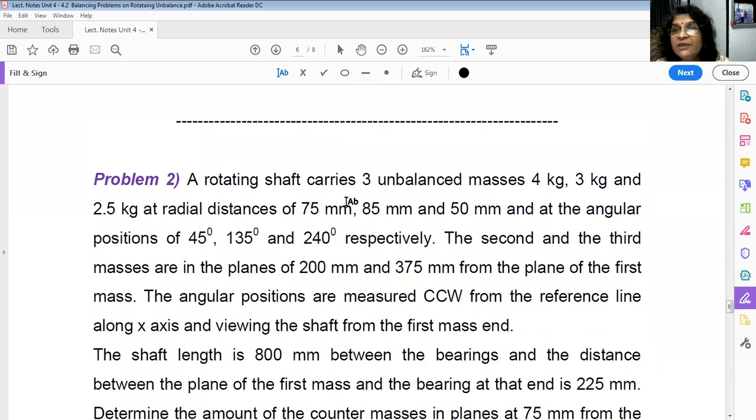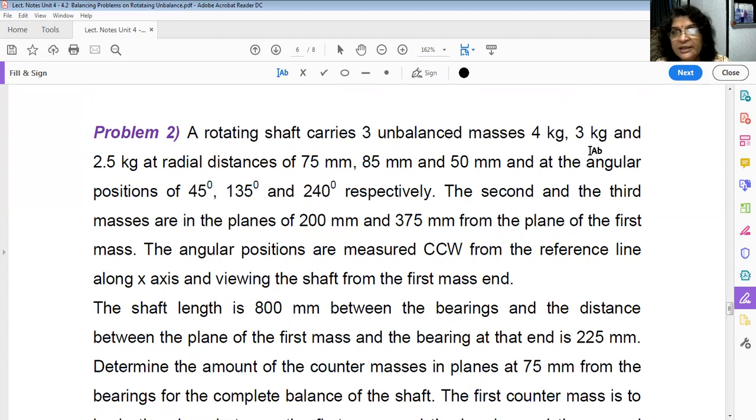A rotating shaft carries 3 unbalanced masses: 4 kg, 3 kg, and 2.5 kg. These masses are at radial distances of 75 mm, 85 mm, and 50 mm, that is R1, R2, and R3, and at the angular positions of 45 degrees, 135 degrees, and 240 degrees respectively.